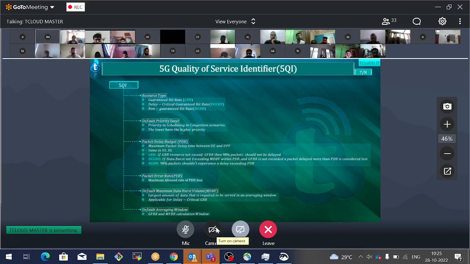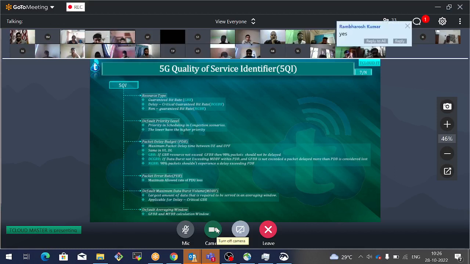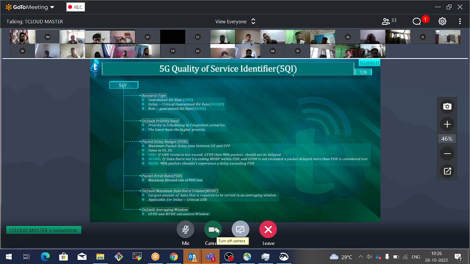But there are some additional rules here. GBR: if the GFBR is not exceeded, for example, your guaranteed bitrate was 2 Mbps, and if you are not crossing 2 Mbps, then 98% of the packets should not be delayed.